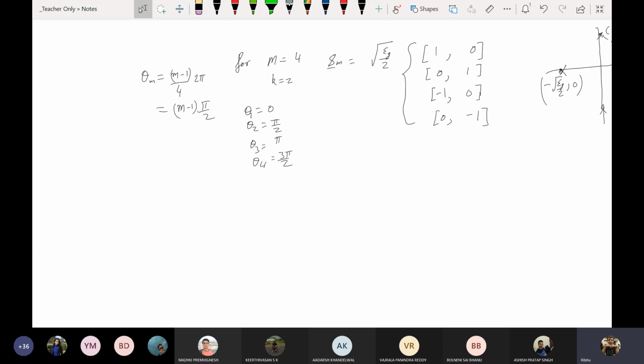I promise you. And for m equal to 8, k equal to 3, theta m equals m minus 1 times small m minus 1 times pi by 4.